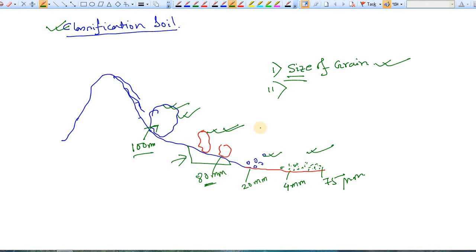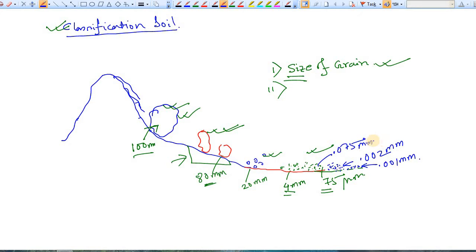So there is no problem in doing so, but the problem arises when the size reduces beyond 75 micron. Let's say there are soil particles here which have a size of only 0.075 mm, and this particle has, let's say, 0.002 mm, and again let's say there is another particle which is 0.001 mm.